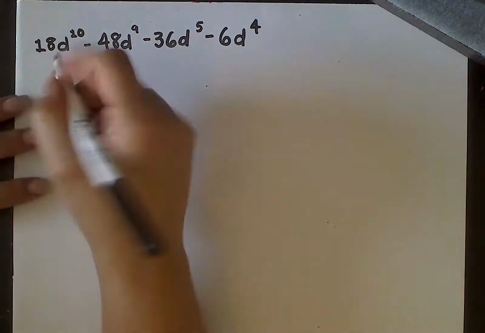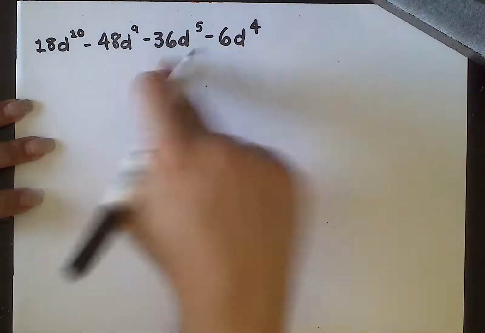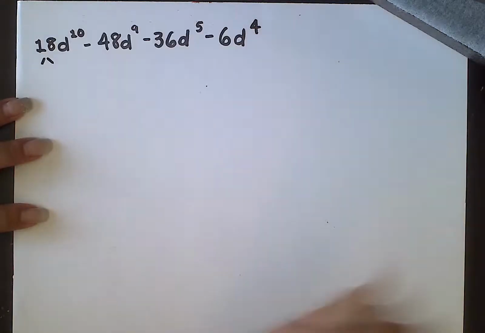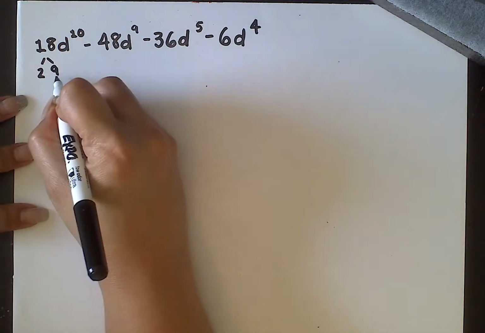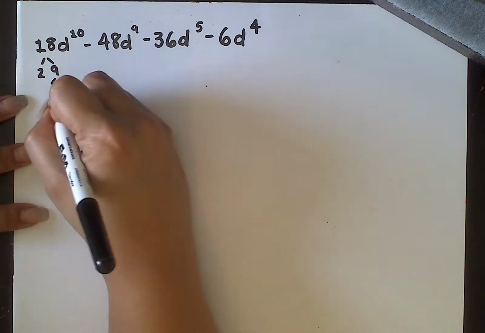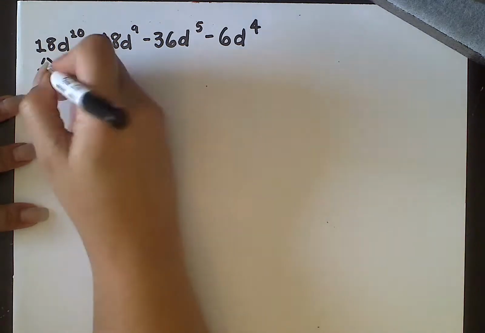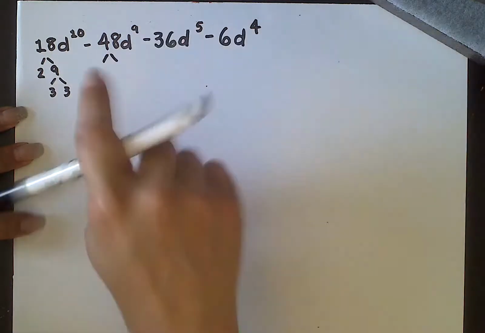What I'd like to do is get the prime factorization of all of my coefficients. So let's break that up into 2 times 9, which 9 is also a composite number. So I'm going to break that up into 3 and 3. Okay, now 48.